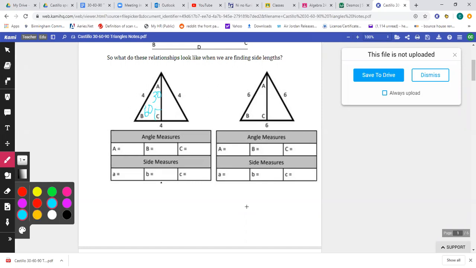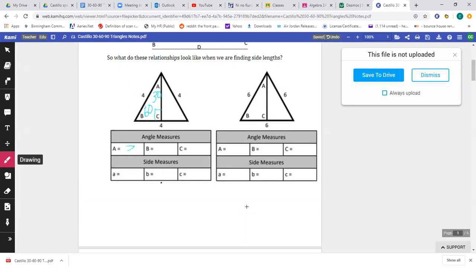So here, I'm going to say A is 30, B is 60, C is 90. Now I know my hypotenuse C is 4 here. And then also, if I bring this line down, it's going to cut this 4 in half. So I know the side across A is going to be 2.